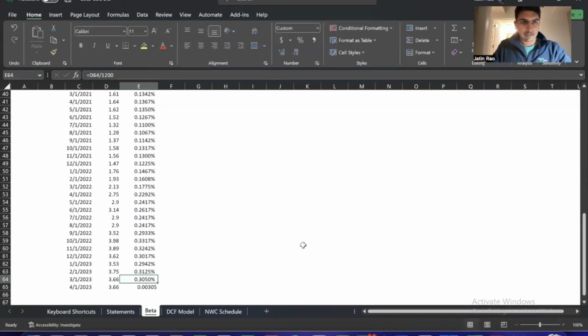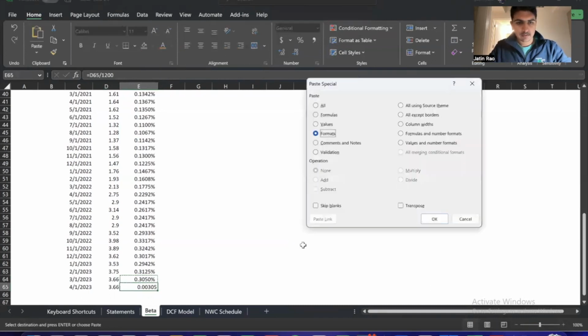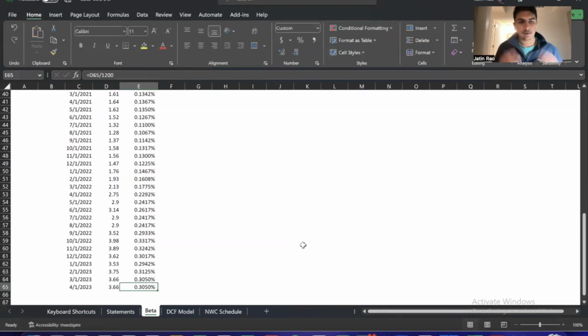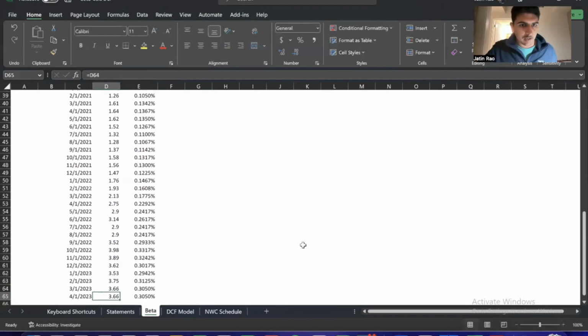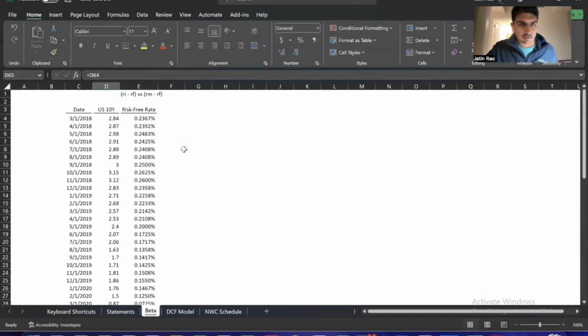So let me just copy it and paste as formula to get the same. The best approximation that we have is that it's just going to stay as last month's risk-free rate for this month's investment, or I guess this 4-day investment, right? Okay. So that is our monthly risk-free rates.